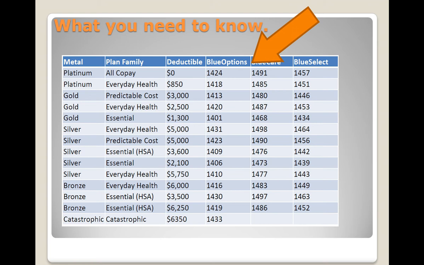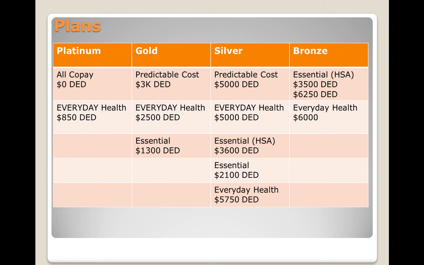So as we move on, let's talk a little bit more specifically about the plans. And this is kind of a good roadmap for you to understand what's going to be available on different metal levels. Platinum, we have an all copay plan and an everyday health plan. Great for folks that need a lot of medical attention, can afford it, and want a high-quality plan.